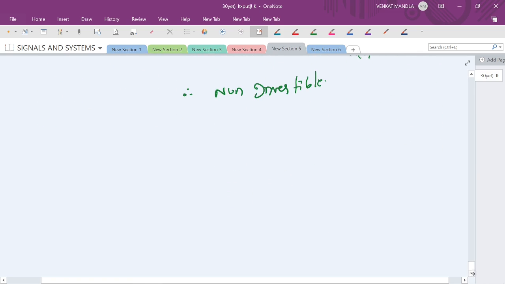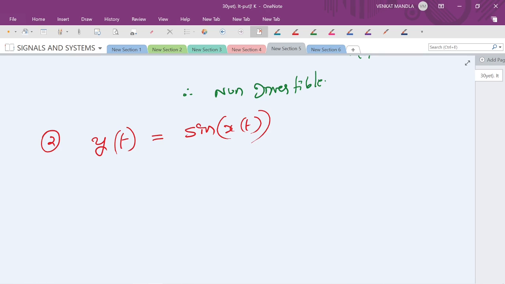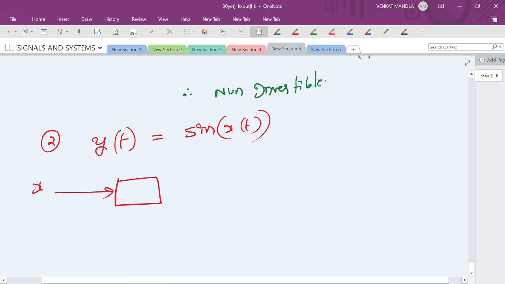I'll give one more example. y(t) equal to sine of x of t. So if I give input x(t) to the system, we get y of t equal to sine of x(t).